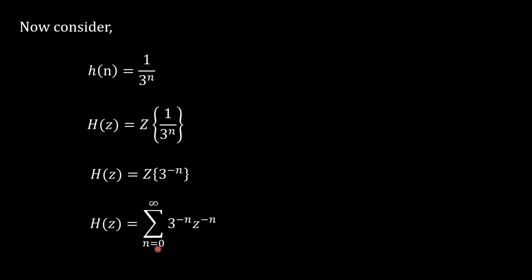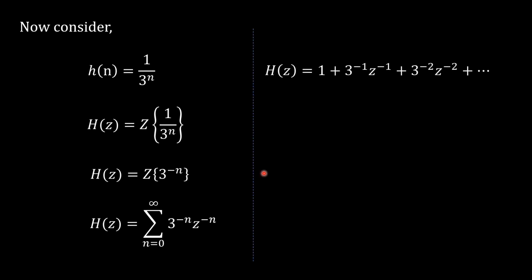Therefore, using the definition, we will be getting again summation n from 0 to infinity 3 raised to minus n z raised to minus n. Put the values of n one by one, that will give us h of z is equal to 1 plus 3 raised to minus 1 z raised to minus 1 plus 3 raised to minus 2 z raised to minus 2 plus so on.